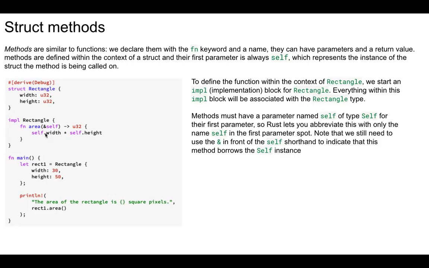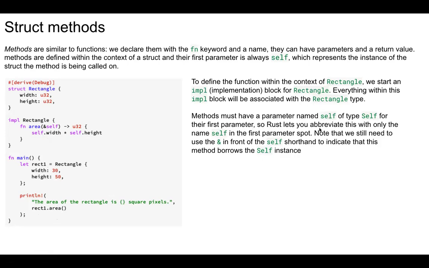And see, how are you accessing it? This self dot. Okay, so it is within the context of rect1, the variable rect1. So when you invoke the method, the instance of rect1 will be passed to the method. Methods must have a parameter named self or of type self.